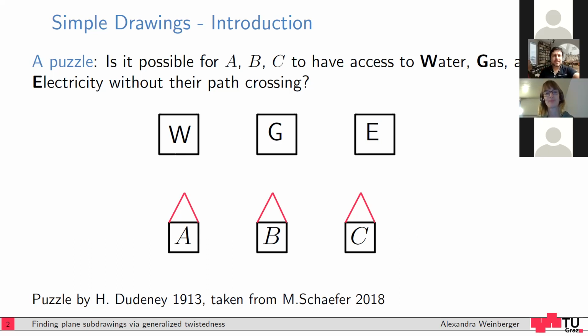Now, I hope that most of you will think, oh wait, this is not possible, because basically we can see this as a case K3,3, where the houses are on one side of the bipartition and the facilities on the other. And then the question would be, how can we draw the K3,3 plane? And this is not possible. We know from Kuratowski's theorem that the K3,3 is not planar. So this is what I think a solution to this puzzle should be.